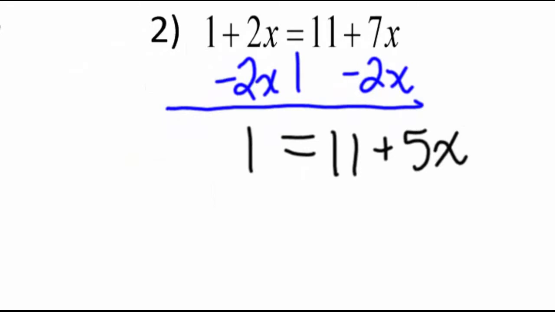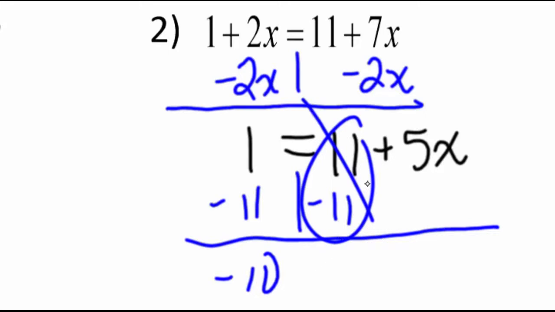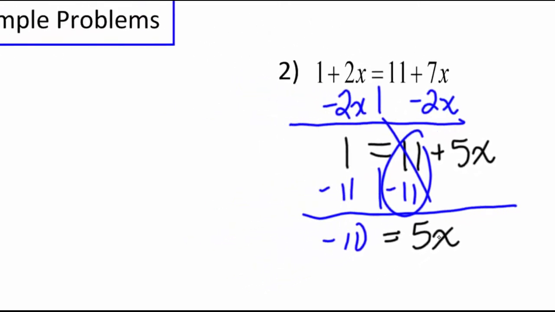I have a two-step equation here. I'm going to zero out my constant on the variable side. 1 minus 11 is negative 10. 11 minus 11 zeroes out. And I'm left with negative 10 equals 5x.